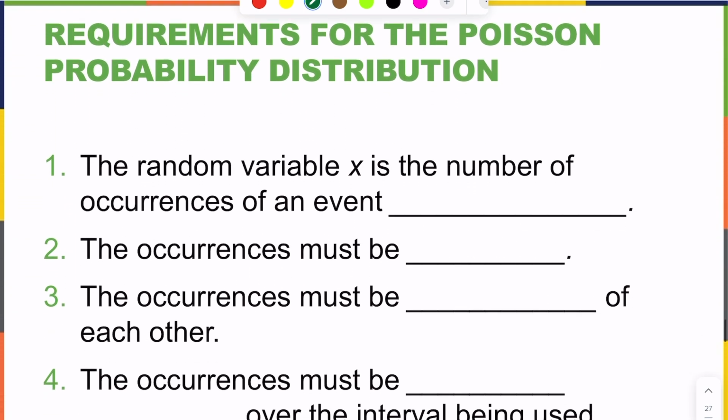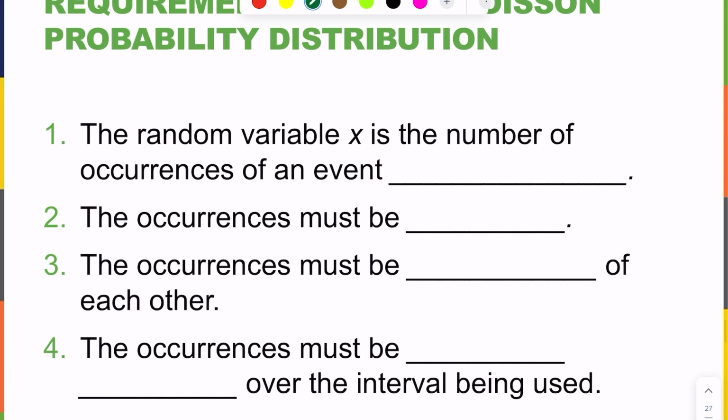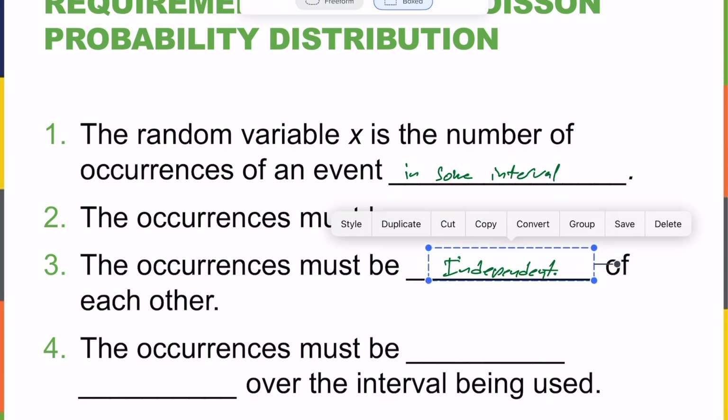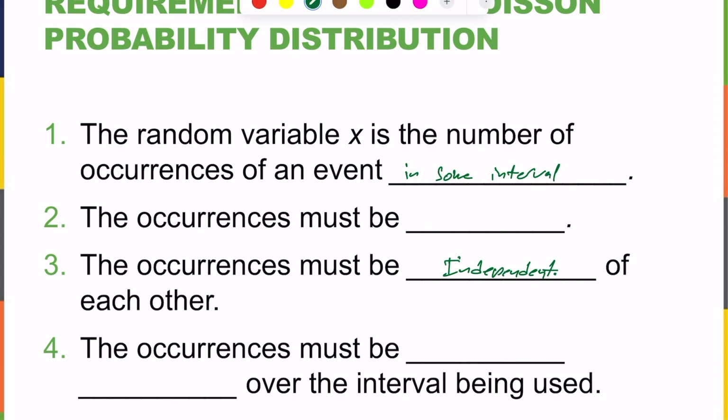Okay, requirements for the distribution. The random variable x is the number of occurrences of an event in some interval. The occurrences must be random.